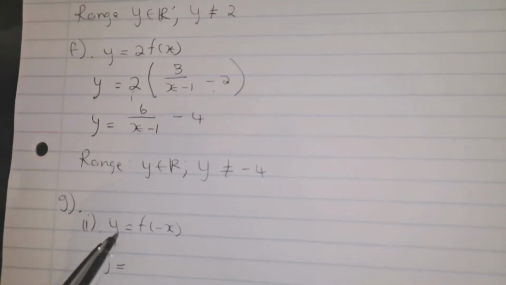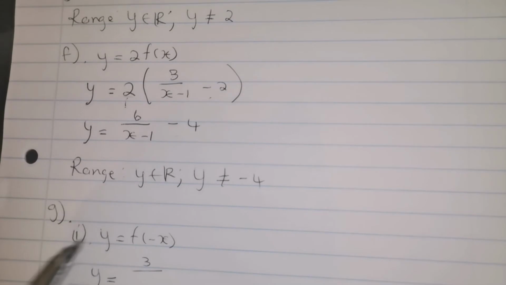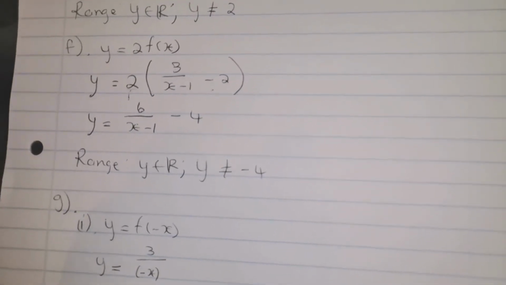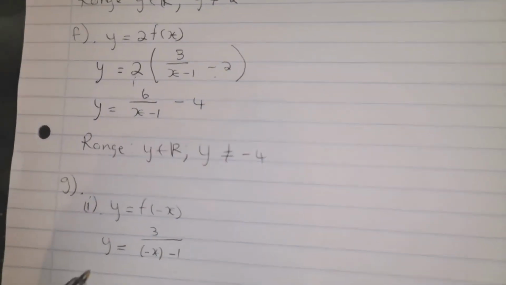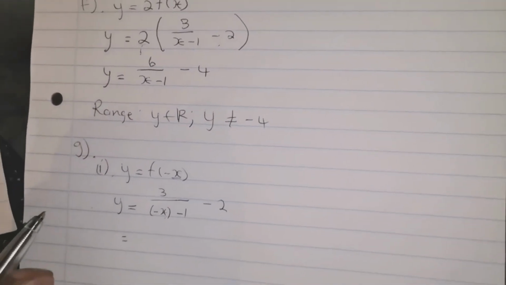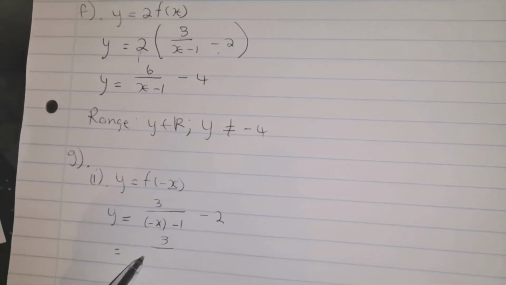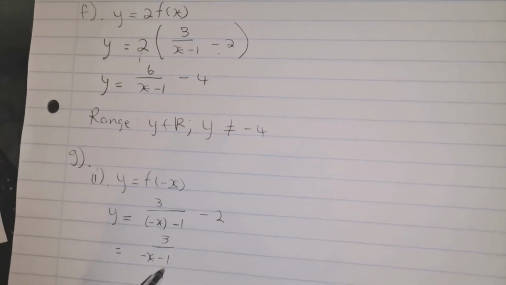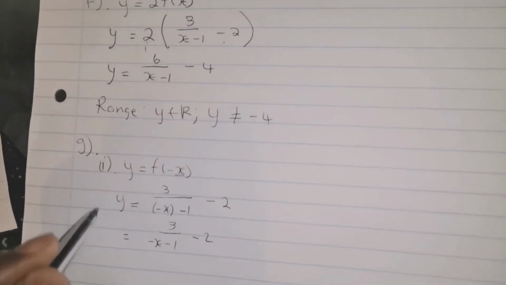F is equal to 3 over negative x minus 1, minus 2. Simple guys. Then when I say 3 over negative x minus 1, minus 2, then you are done.